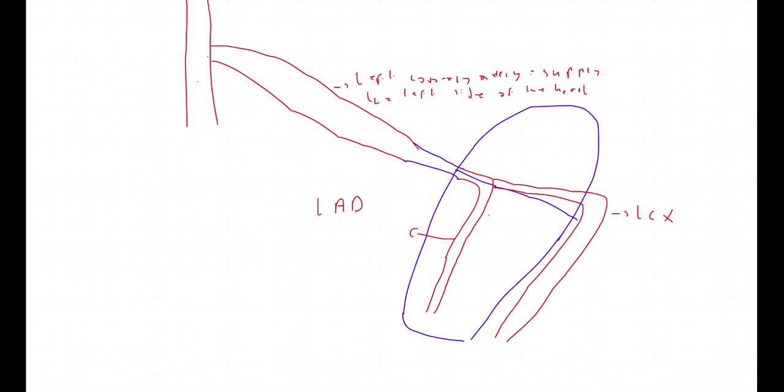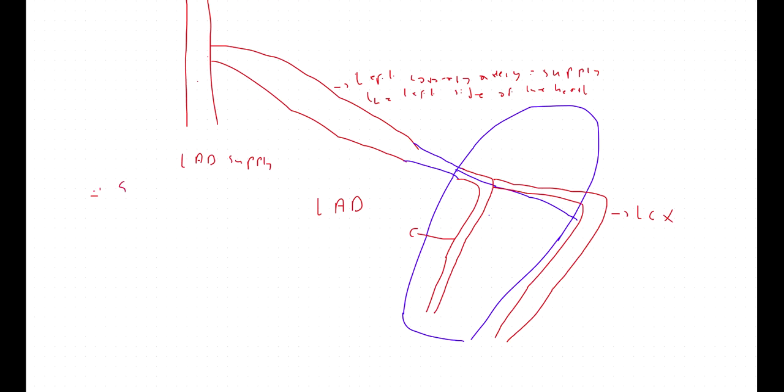So LAD supply. As the name suggests, it's called the anterior artery. So remember, it will supply those structures which are present anteriorly in the left ventricle. That is why it is called the anterior descending artery.